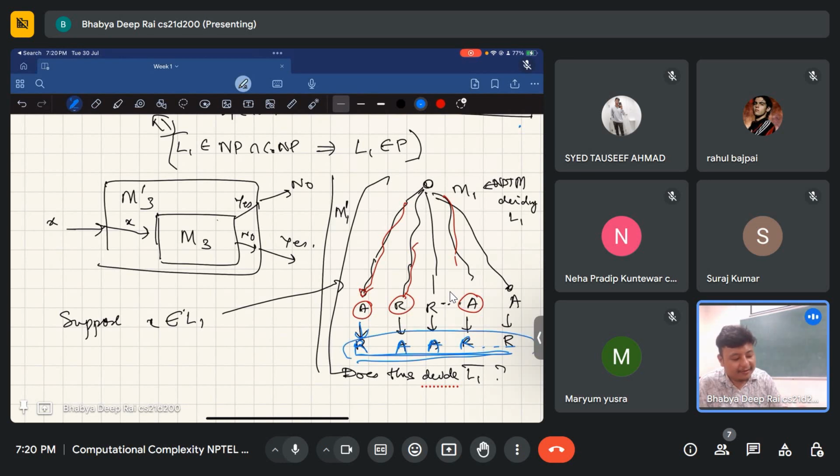So this is what I get. Some of the paths reject, some of the paths accept. So is this machine supposed to accept or reject?